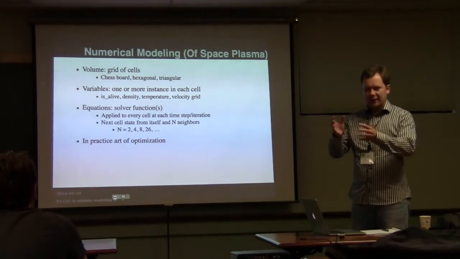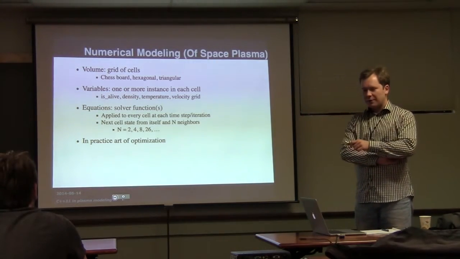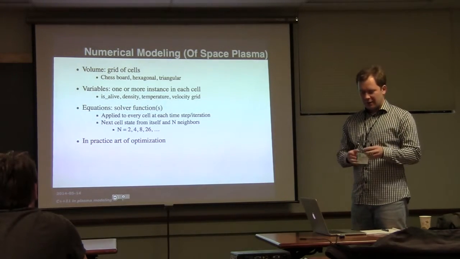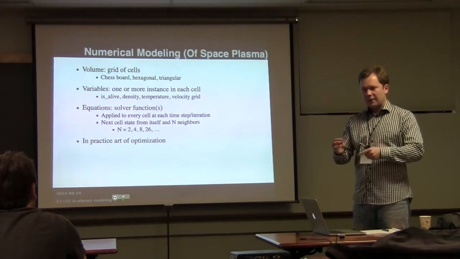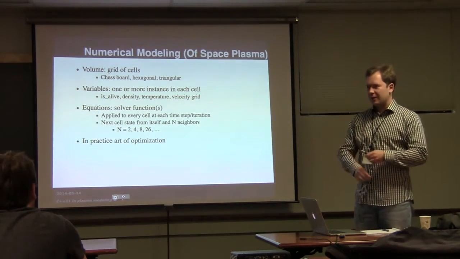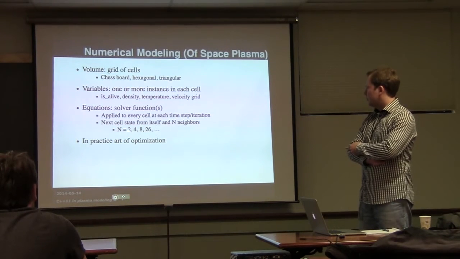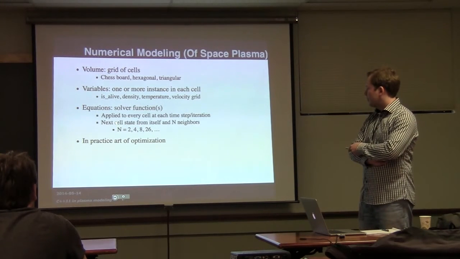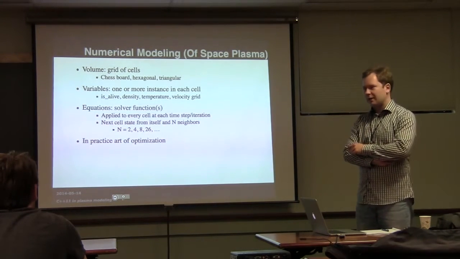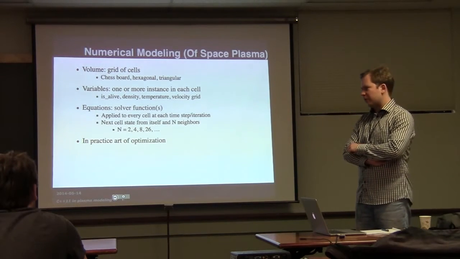So then there's a velocity grid in every spatial cell or stuff like that. And then the equations basically are just a collection of functions which take in the state in a cell and some distance around it, and then output the next state of some variables in the cell. And so the number of neighbors which is required is quite problem and dimension dependent, and also depends on the algorithm you're using and so on.